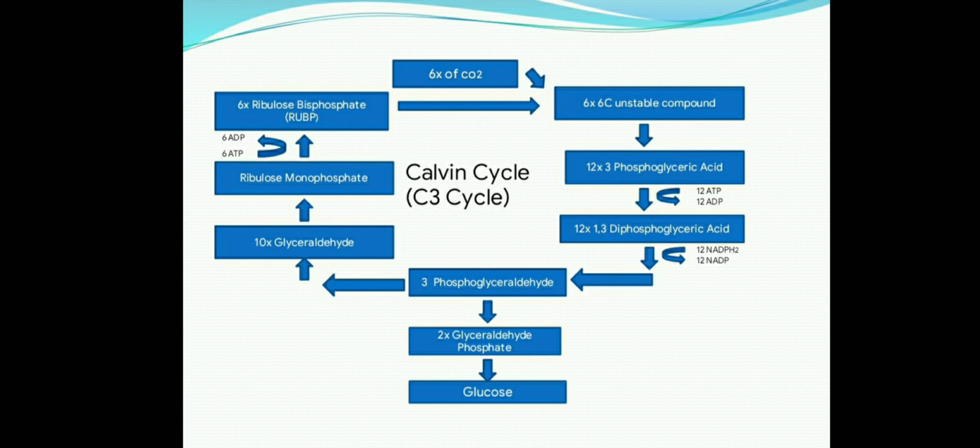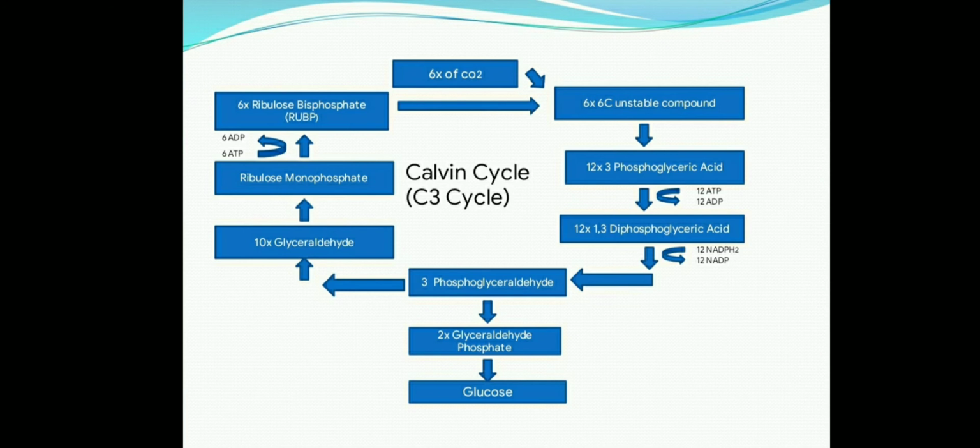And then what happened, the phosphoglyceraldehyde is changed to glyceraldehyde, then ribulose monophosphate, and then ultimately RuBP is formed. So this process is the regeneration of RuBP. The regeneration step requires one ATP for the phosphorylation of one RuBP molecule.